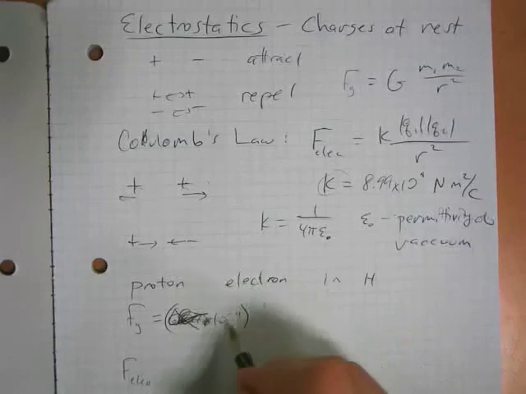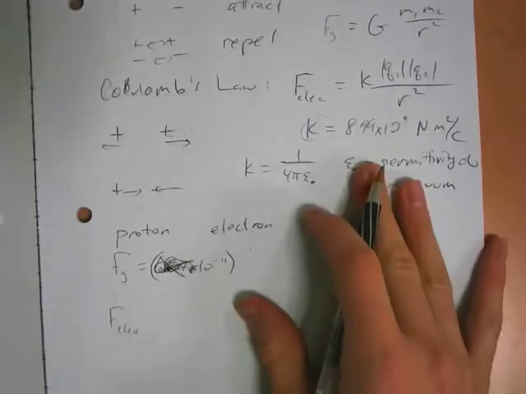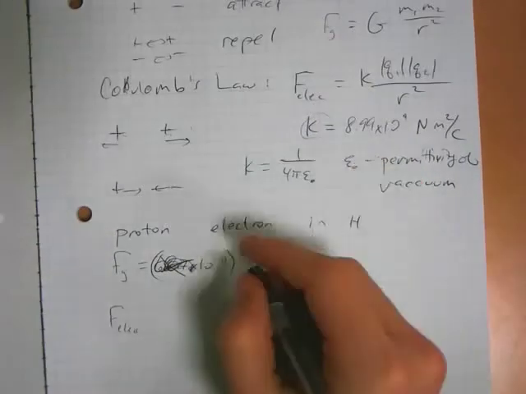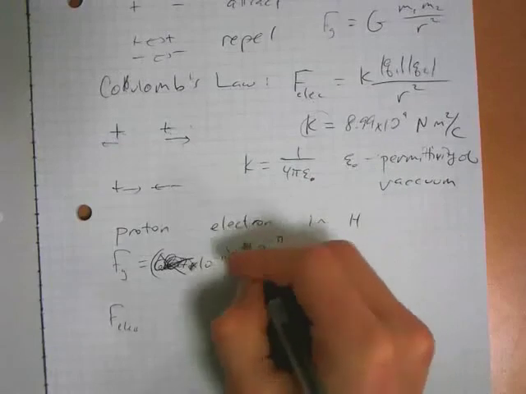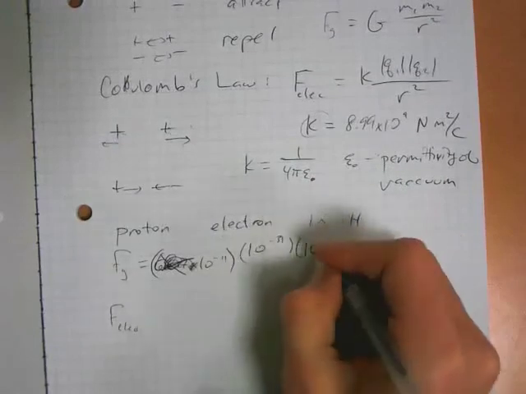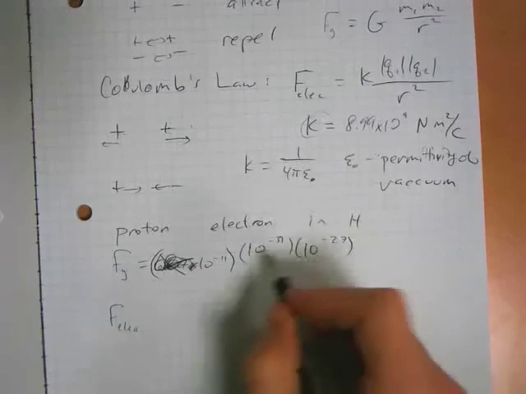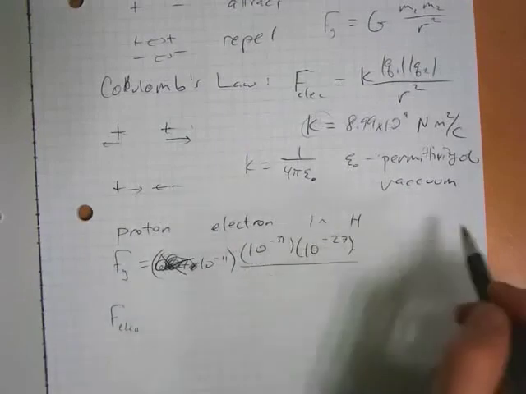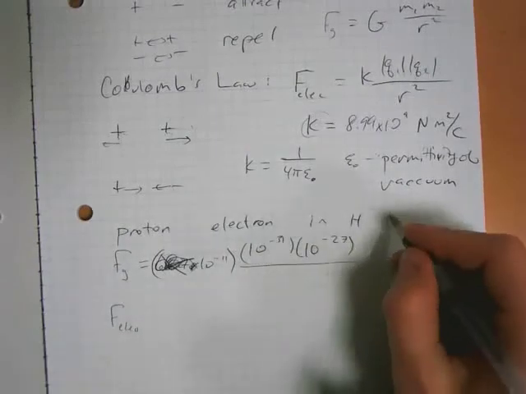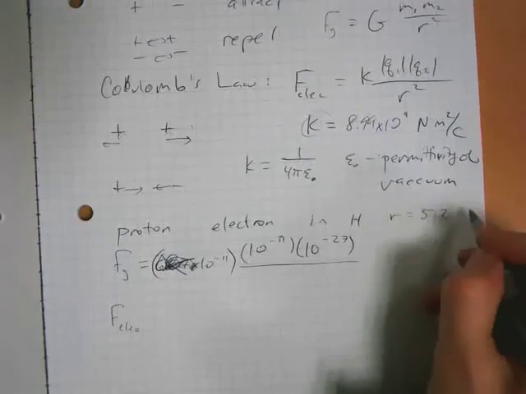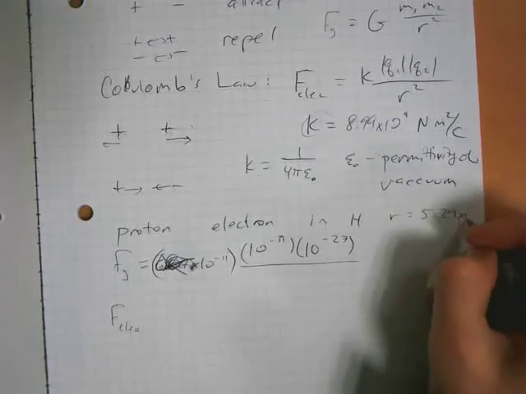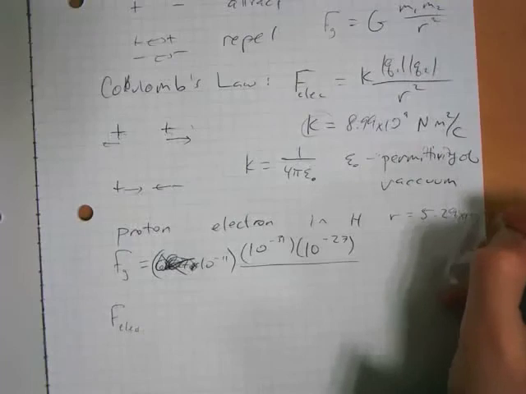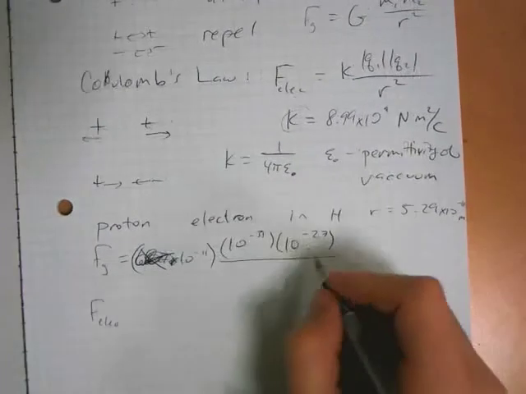So the gravitational constant is on the order of 10 to the minus 11th. The electron mass is on the order of 10 to the minus 31st. The proton mass is on the order of 10 to the minus 27th. And then the distance between them, the orbital radius of an electron in a hydrogen atom, is 5.29 times 10 to the minus 11th meters. So this is over a 10 to the minus 11th.